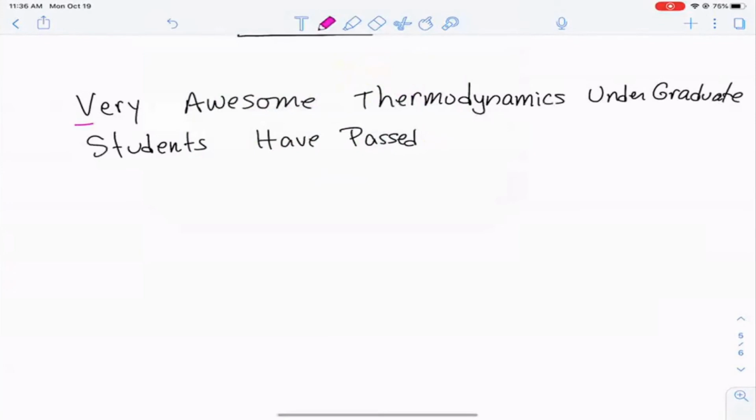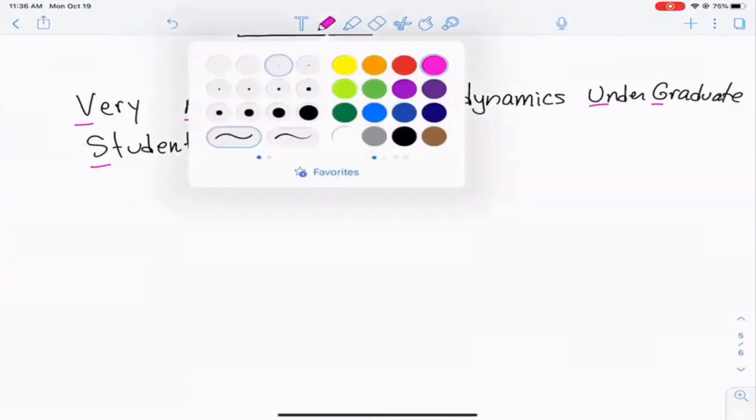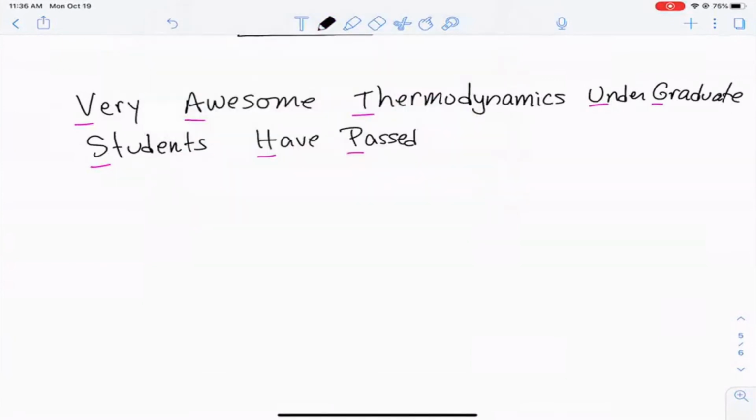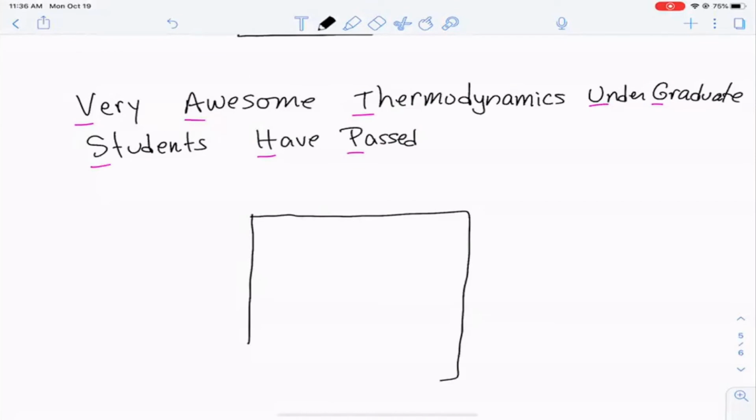And I remember that because we're going to take each of these capitalized letters and put them around a square. So I'm going to draw a square.